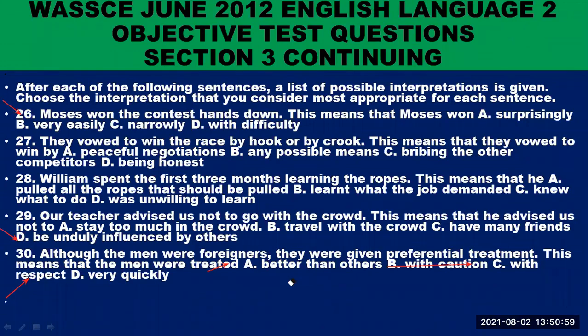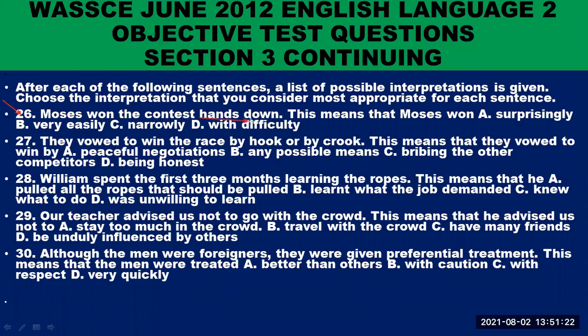You are in a contest and you win hands down, which means you are not even making so much effort. When you use all your hands and you have to mobilize them, it means that it is a difficult competition, a stiff competition.